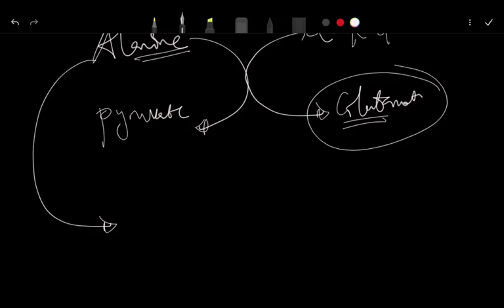So all amino acids will be like, let me transfer my amino group to glutamate. They themselves cannot undergo deamination reaction. The reason is because the enzyme that does deamination reaction only recognizes glutamate. The name of the enzyme is called glutamate dehydrogenase.